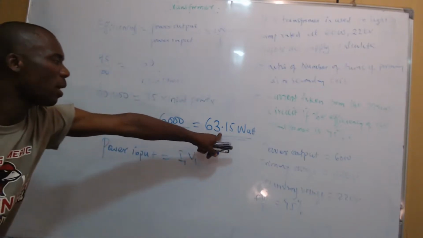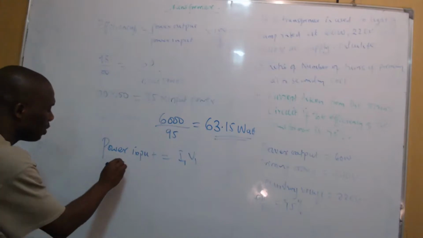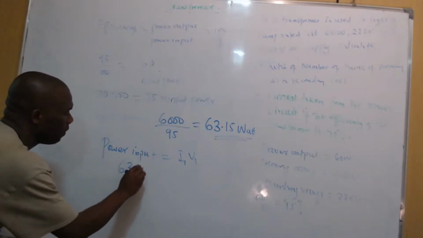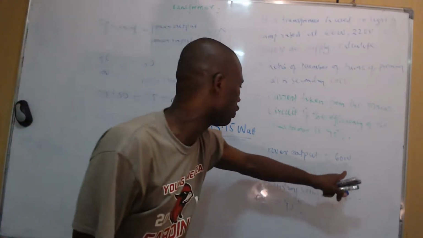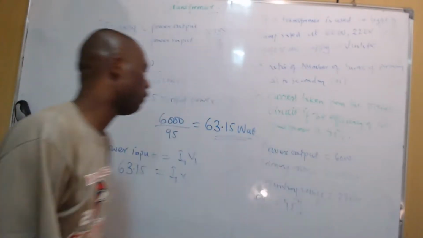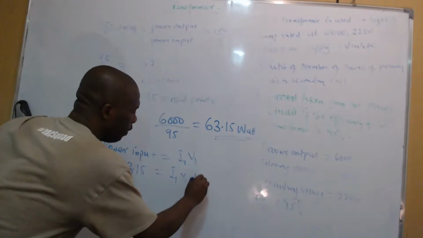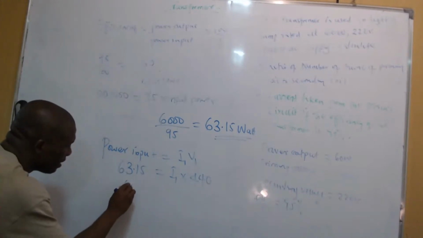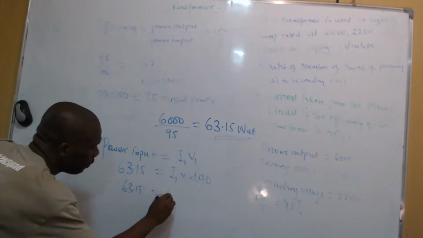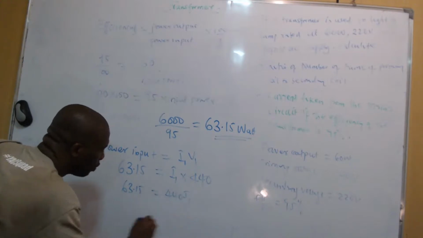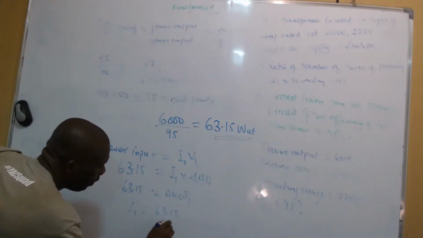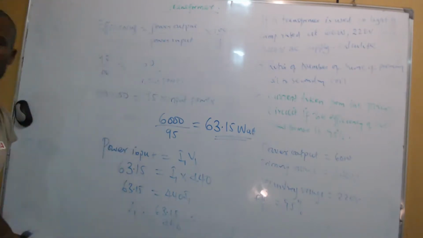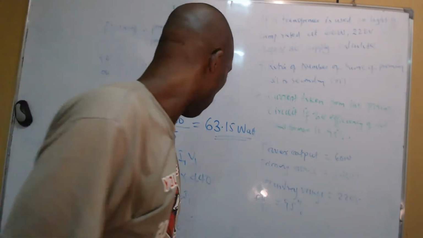Now we have gotten our primary power to be 63.15. So 63.15 is equal to I1 times primary voltage, which was given to us as 440. So 63.15 is equal to 440 I1. So I1 will be 63.15 divided by 440, which will give us the primary current.